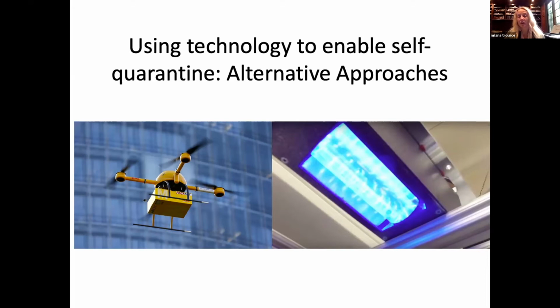What might this look like? For example, the use of UVC lights is underused in the US. We know for a fact that UVC light kills coronaviruses, as well as, by the way, virtually every other infectious organism. The dose might be different for them, but for coronaviruses it's a relatively smaller dose.